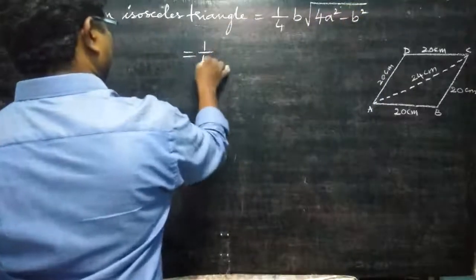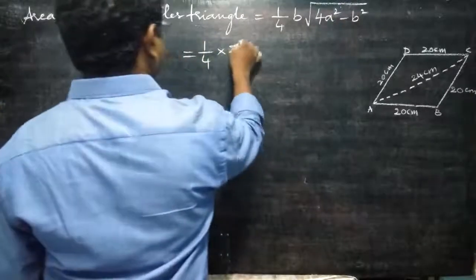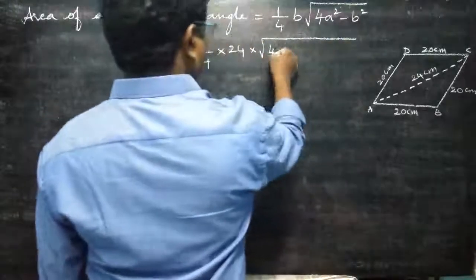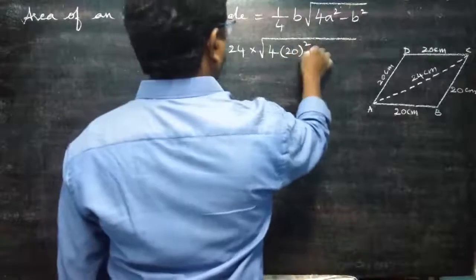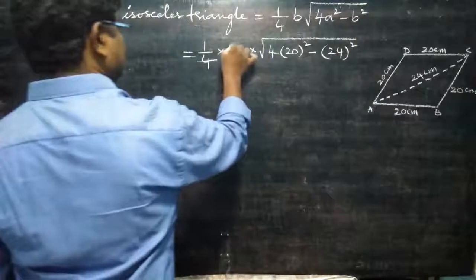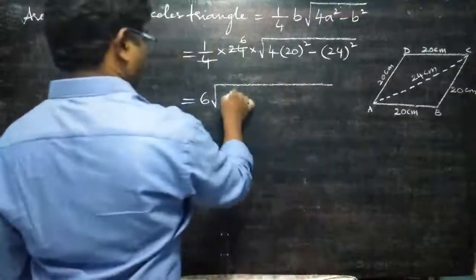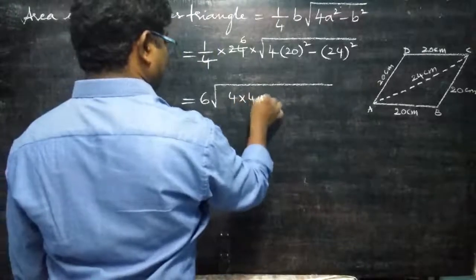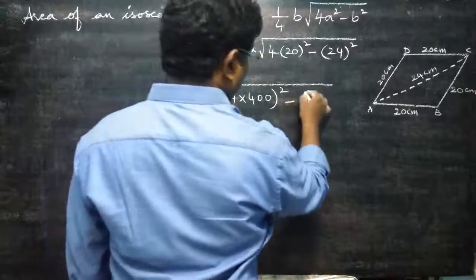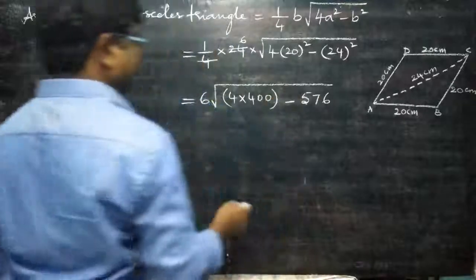That is equal to 1 by 4 into what we thought b, 24, into square root of 4 into 20 whole square minus 24 whole square. 4 goes 6 times. 6 root 4 into 400, 2 2s are 4, 2 more zeros. 400 whole square, 24 square is 576. Again square no need.